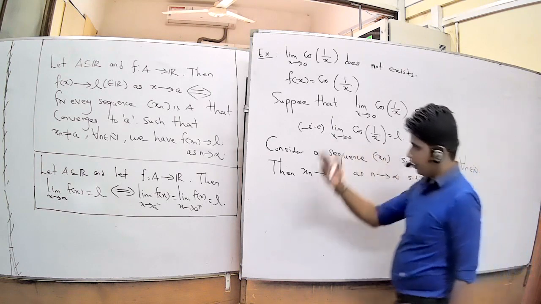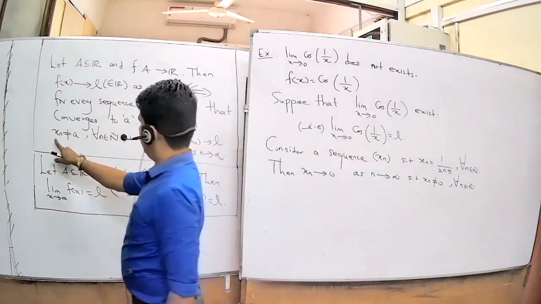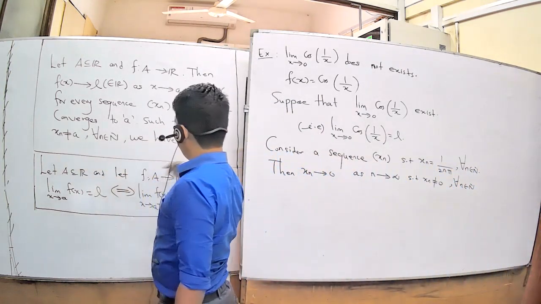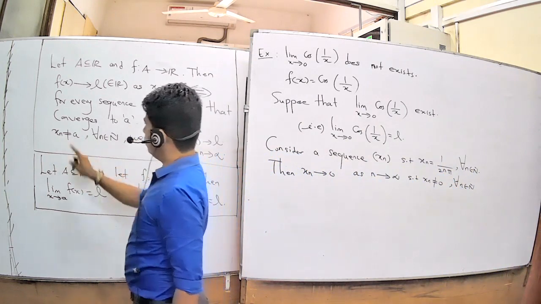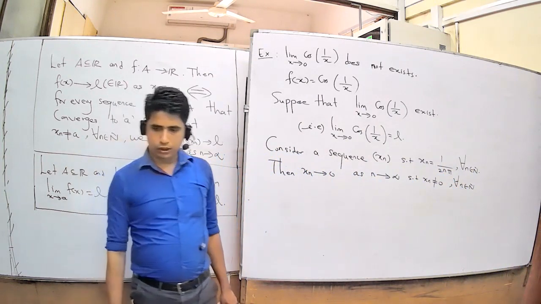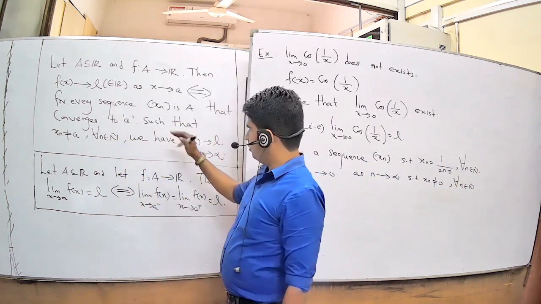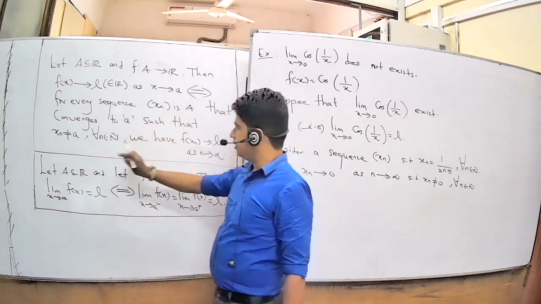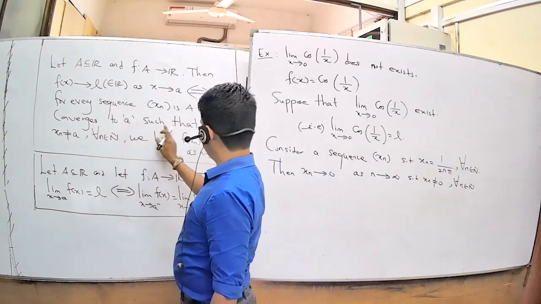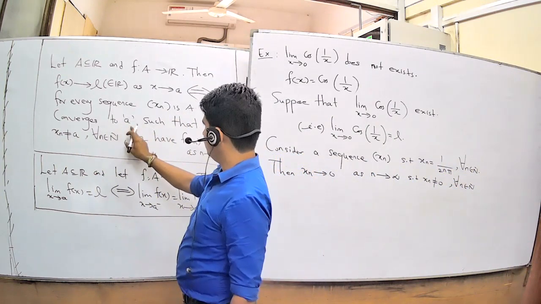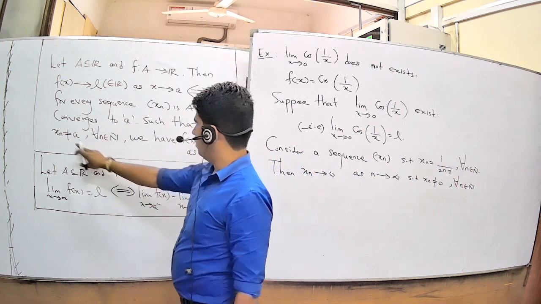Our theorem mentions Sn tends to a but Sn is not equal to a. We verify this part: Sn converges to 0, so this condition is satisfied.